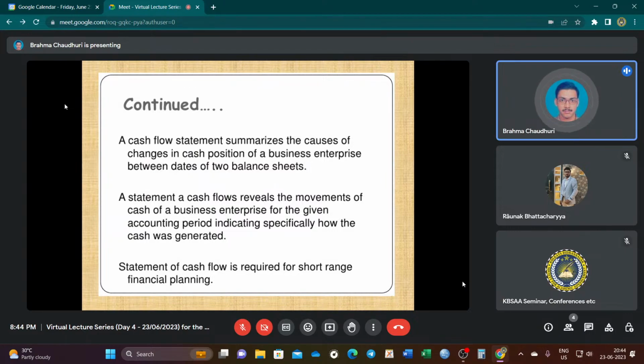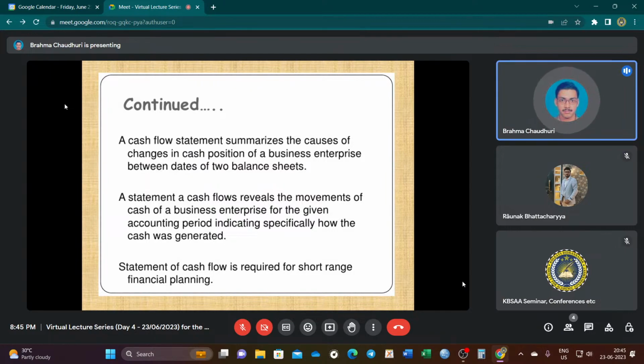How this cash position has changed, what the various sources of cash inflow are, and what the various applications of cash, that is the cash outflows, are, are all summarized in a particular statement, known as the cash flow statement.